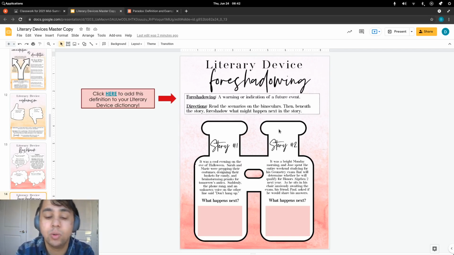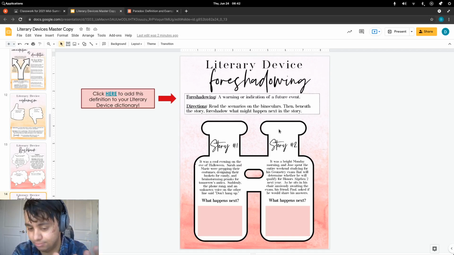Okay, so obviously, in order to figure out the foreshadowing, we need to have a pretty good understanding of what's going on in the events that we're reading. So let's take a quick assessment of the facts. Number 1, it's the eve of Halloween, so it's the day before Halloween.